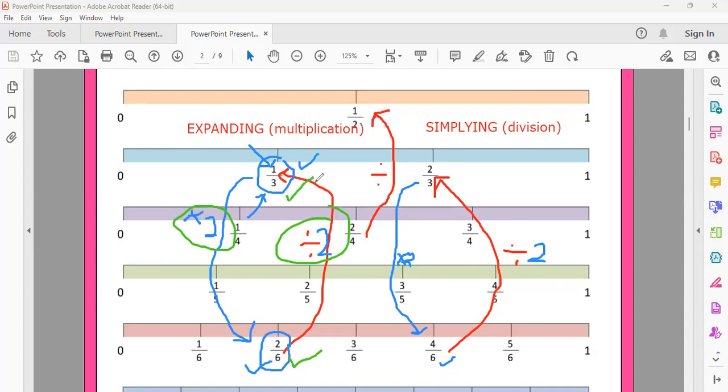I ate 1/3 of a pizza. Is 2/6 more than 1/3? No, it's not. So don't be confused by these big numbers that you see. Oh, 4/6, man. 4/6 is the same as 2/3. You understand now? Okay. That's because you can simplify, you can expand, and they are the same.